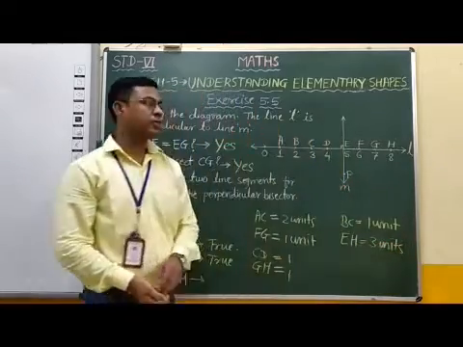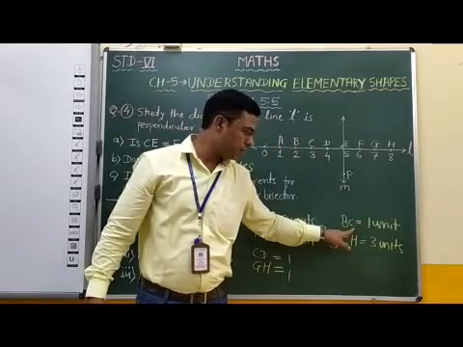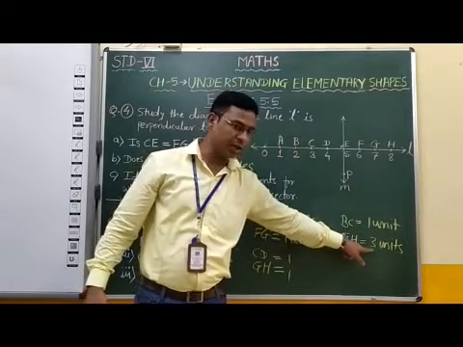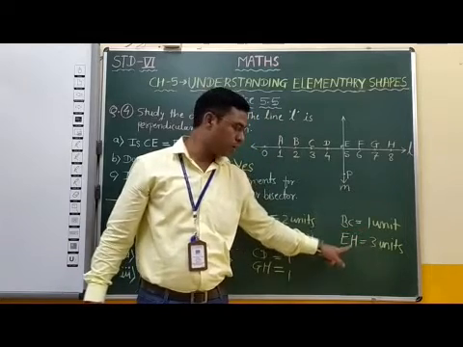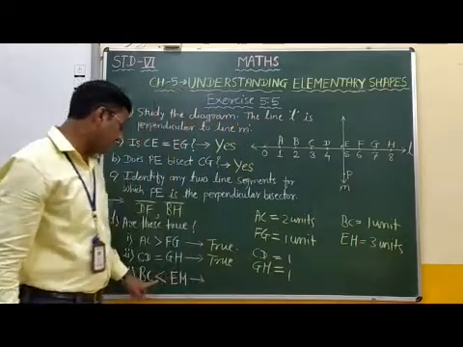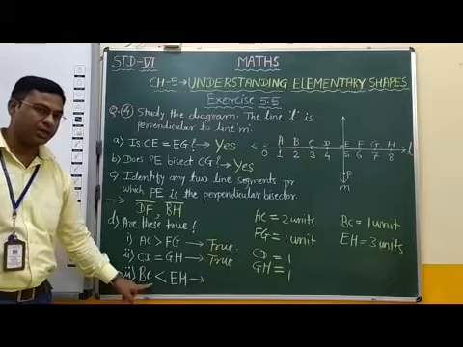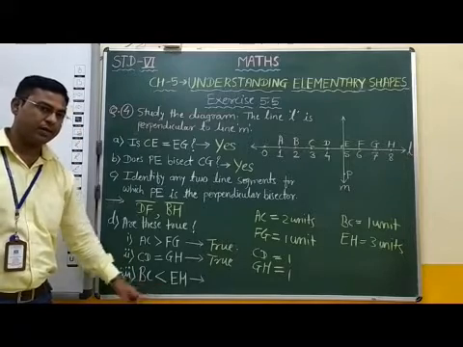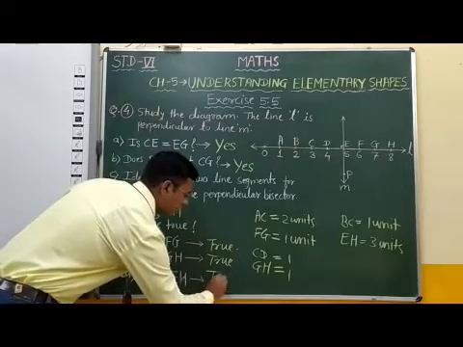Therefore, EH is greater than BC because EH is 3 units and BC is 1 unit. The same thing is given here, EH is greater than BC or BC is less than EH. Therefore, the given condition is true.